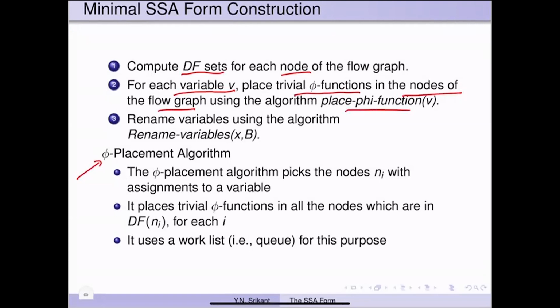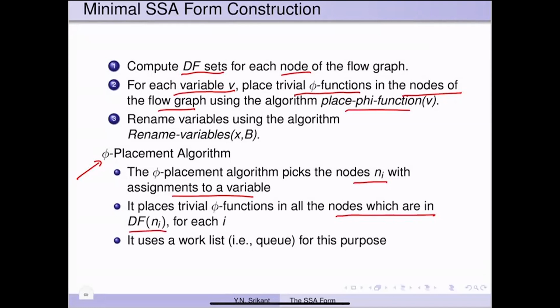What does that say? The phi placement algorithm picks the nodes with an assignment to a variable. Take that and now place the trivial phi functions in all the nodes which are in the dominance frontier of the variable. That's all.